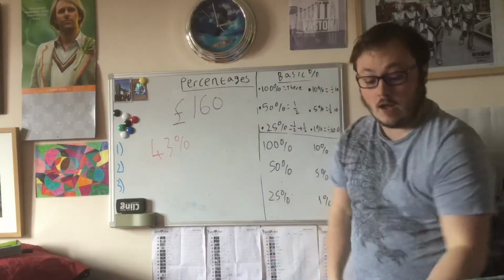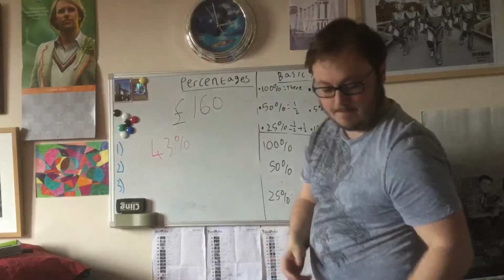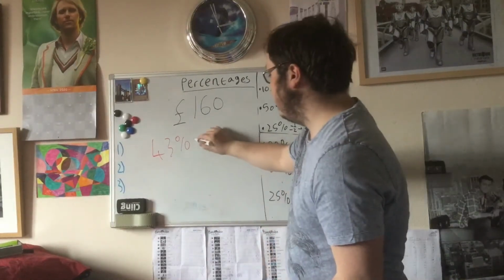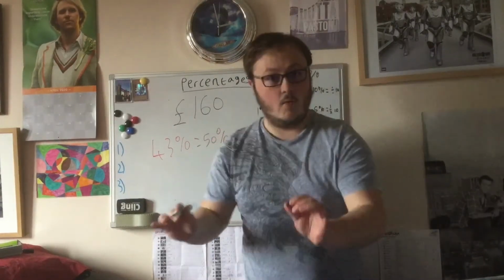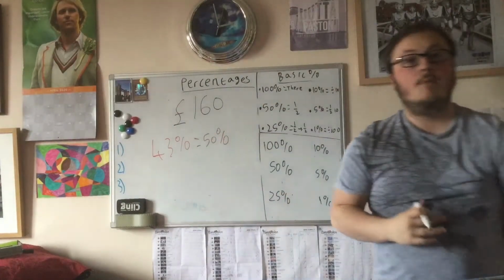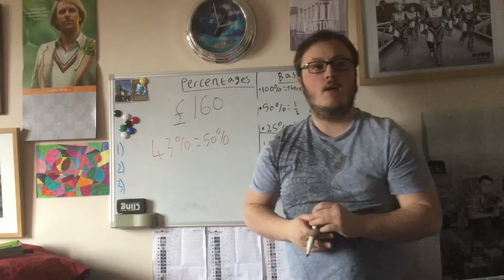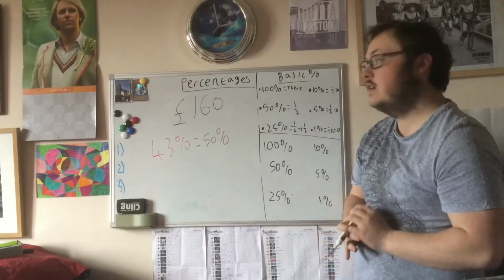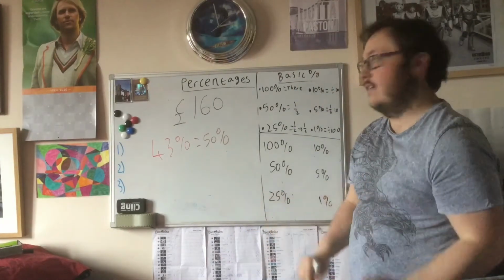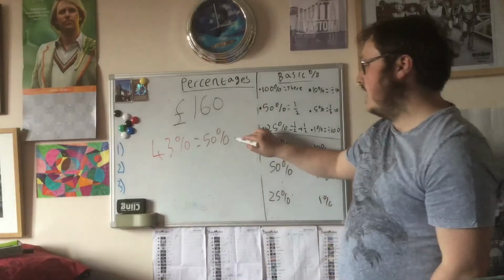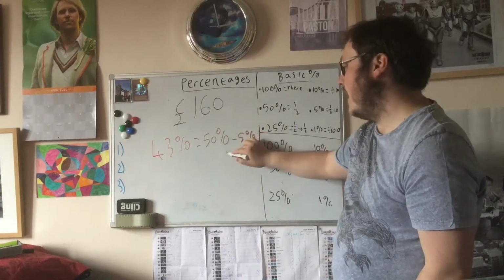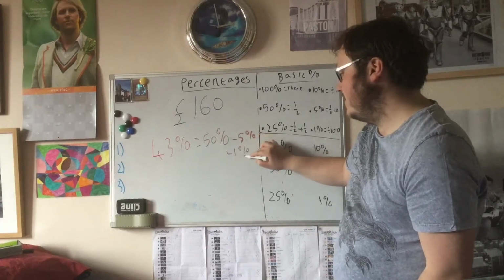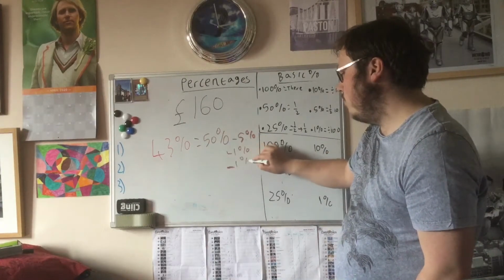The method I like to use is to find 50%, and then I take away 7% from that. But how do I find 7% with the basic percentages? Well, we could take away 5%, then take away 1%, then take away 1% again.